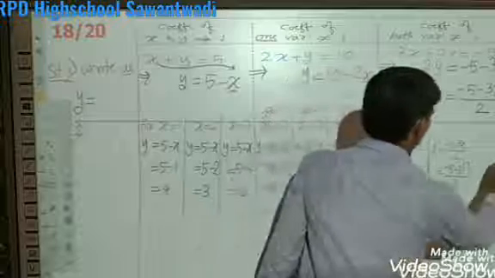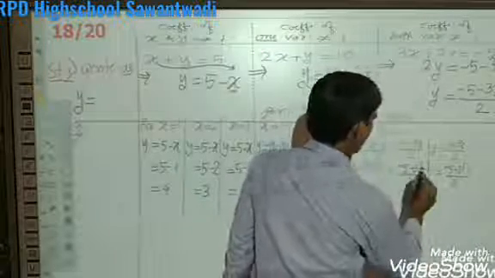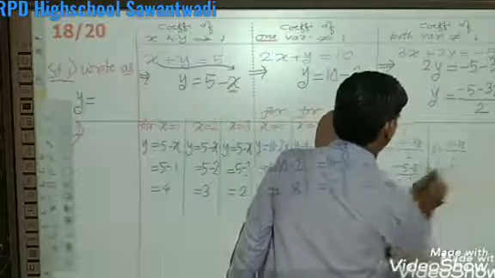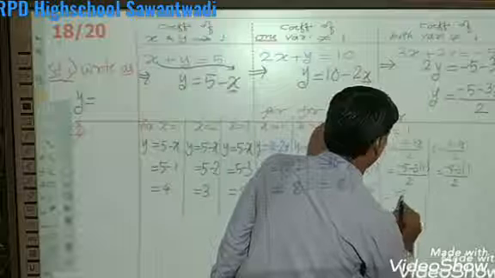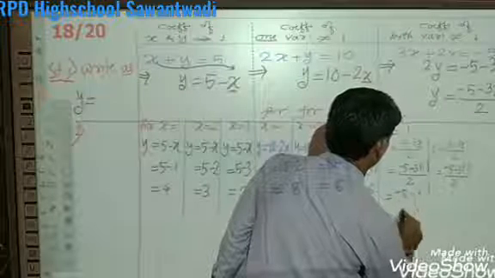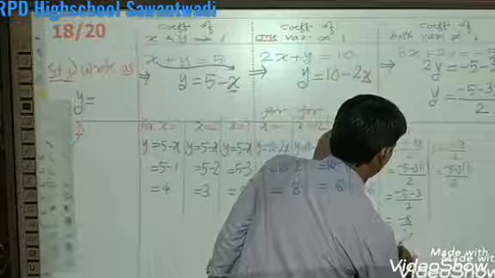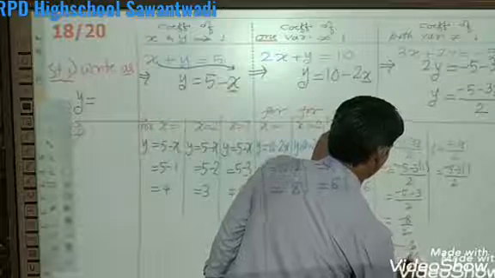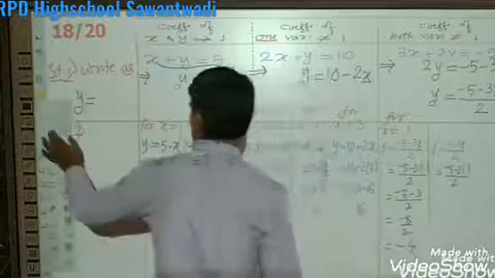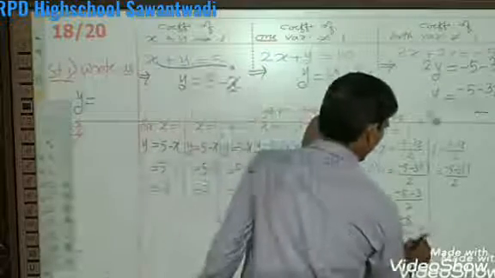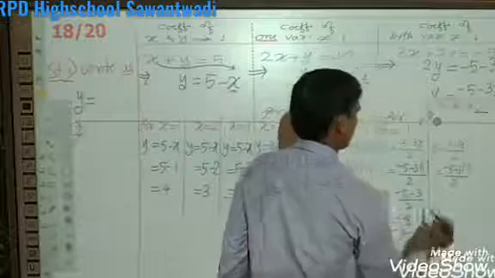Okay, see. So here x is equal to 1. Then what is the result here? It is equal to negative 5 minus 3 upon 2, negative 8 upon 2. It is negative 4. Is that clear? So I got the answer here. Let us go to the next one.